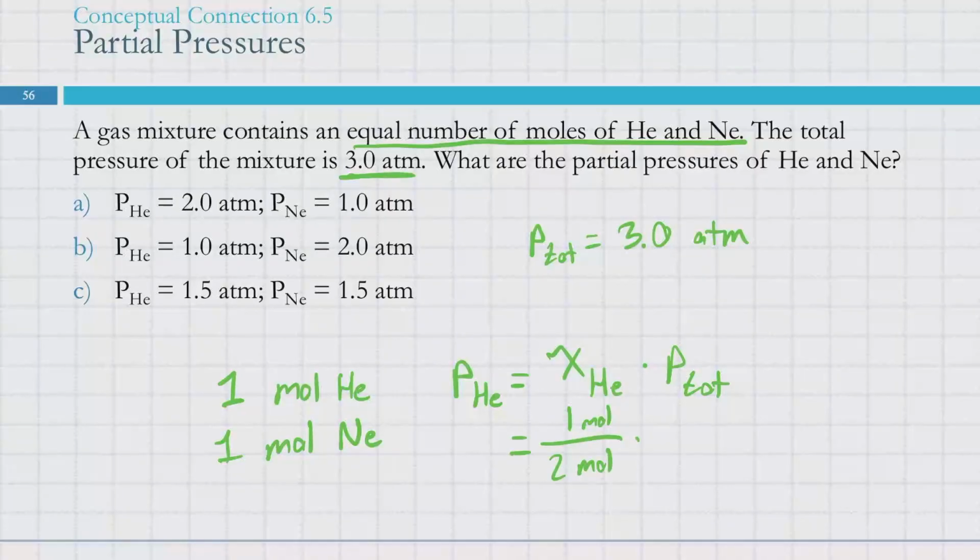So 1 mole over 2 moles times our total pressure. So it's going to be 1.5 atmospheres. And it's going to be the same thing for neon. It's going to be 1 mole of neon divided by the total of 2 moles of gas times our total pressure of 3 to give us 1.5.